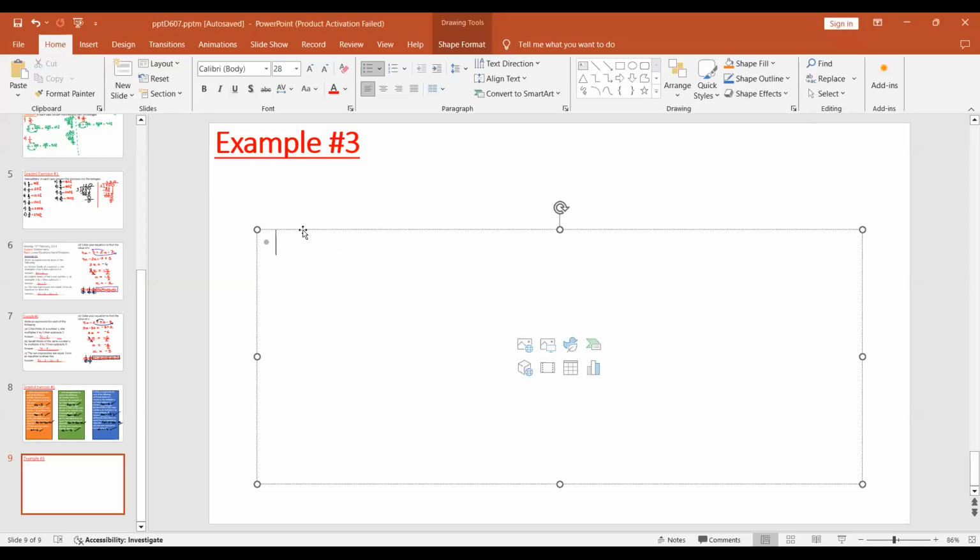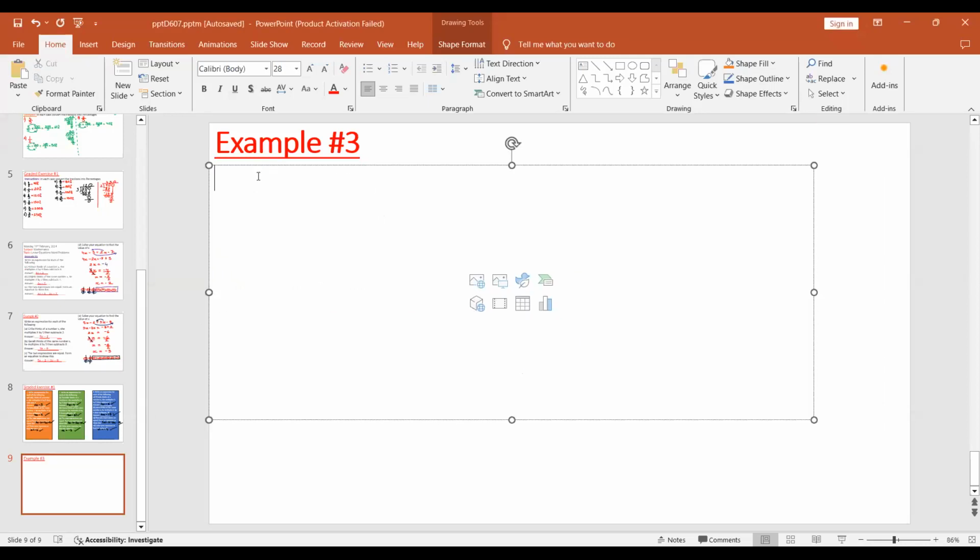All right, so this example says, I think of a number y, multiplied it by 7, then added it by 8.